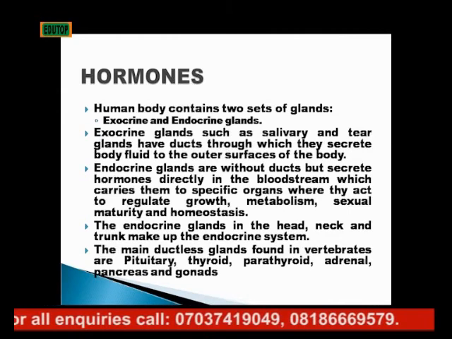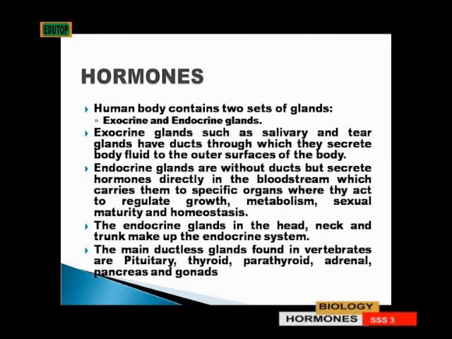But endocrine glands, internal, are without ducts, so they secrete hormone directly into the bloodstream, and the hormones are then carried to specific organs where they act to regulate growth, metabolism, sexual maturity, and even homeostasis. So hormones are produced in small quantities.